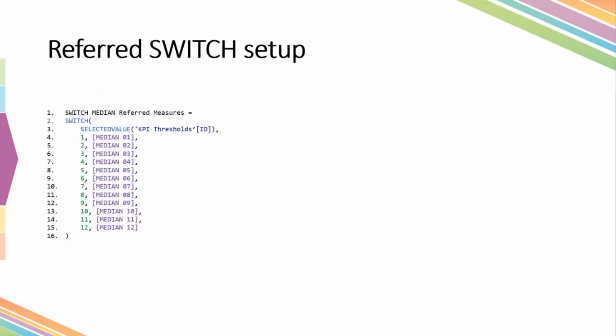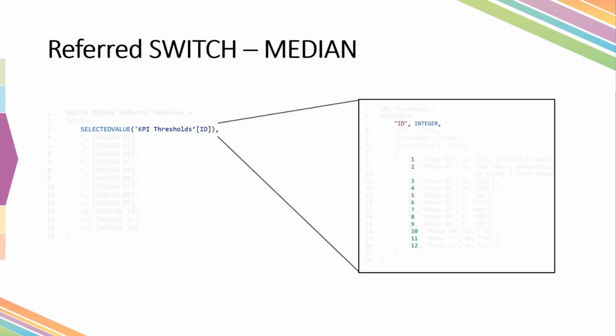Now, in the initial solution that I had, I just wanted to create a few measures that I can use in the visuals themselves. I had already created all the median functions, etc., and I decided to make a referred switch setup, in which case I use as an expression that the switch function takes as an input the ID in the data table.